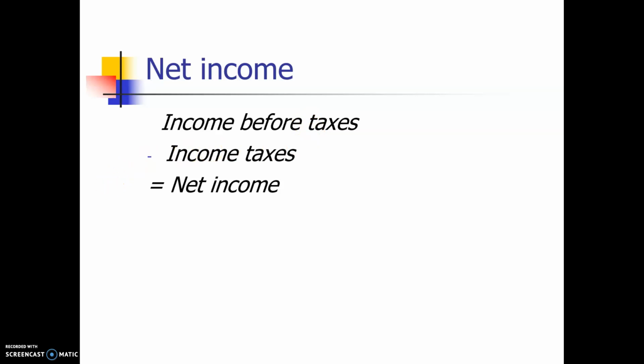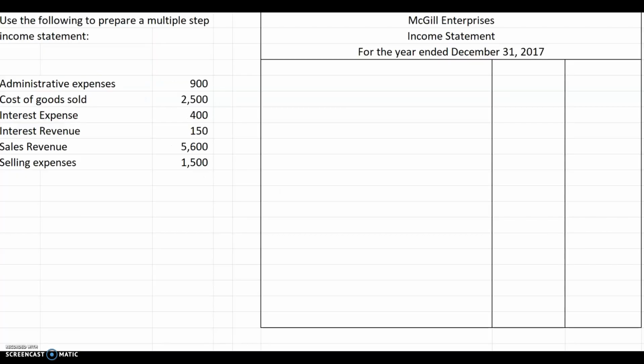And so I want to show you an example of a multiple step income statement. Okay, so we're going to prepare the income statement for McGill Enterprises. The first thing on any income statement is revenue. Since they're a merchandiser, their revenue is called sales revenue, and they have $5,600 of sales revenue.